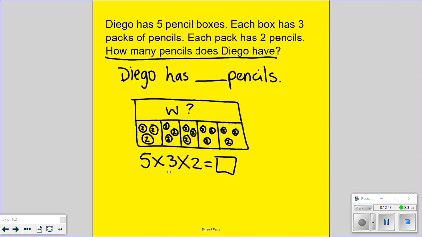What does this 3 mean? Kaden? Packs of pencils. What does this 5 mean? Again, I suggest you pay attention. Madison? Pencil boxes. 5 groups of 3 groups of 2.